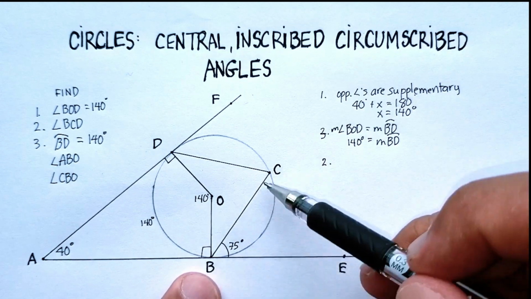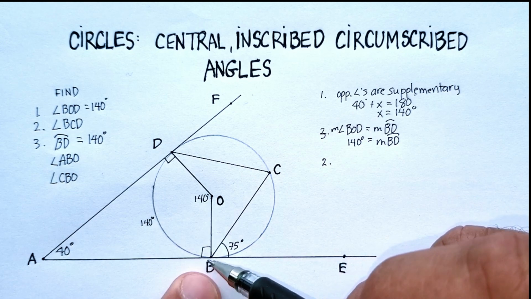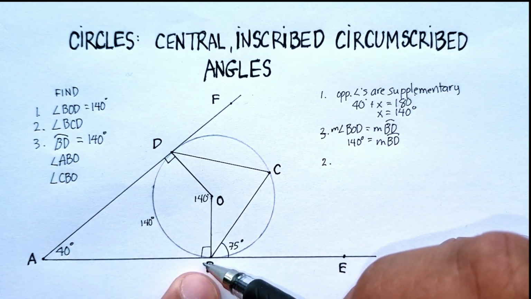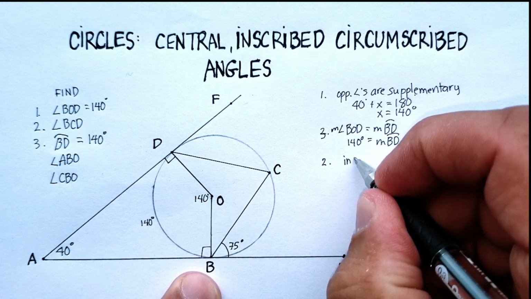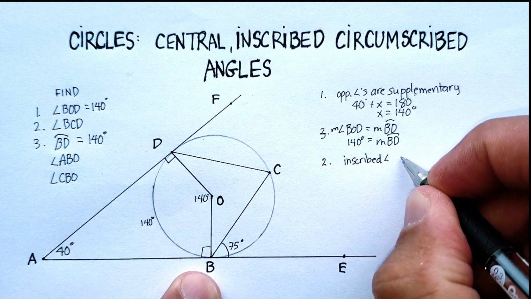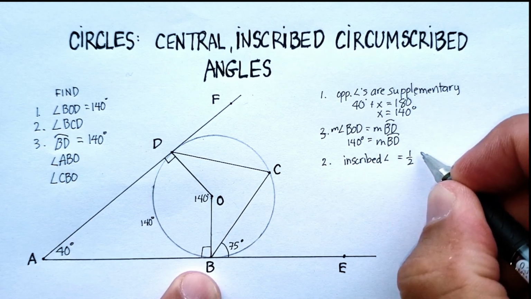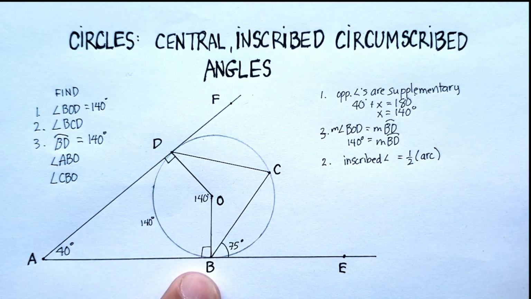We know that an inscribed angle is half of the arc that it describes, right? So we know that inscribed angle is equal to 1/2 the arc that it describes, okay?